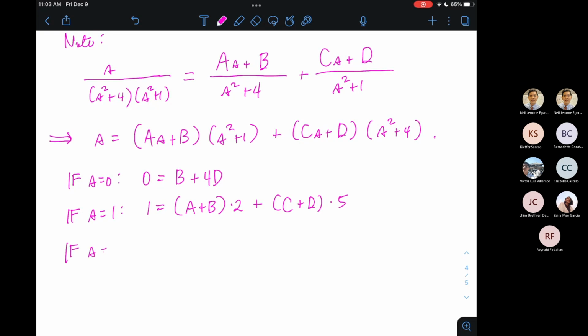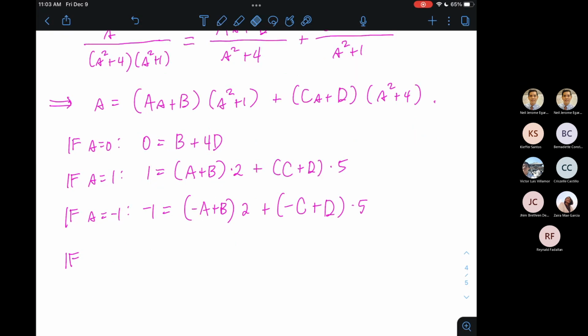And then if S is equal to negative 1, you'll have negative 1 equals negative A plus B times 2 plus negative C plus D times 5 then. And then give S equals what? S equals, halimbawa, you can give any number that you like.